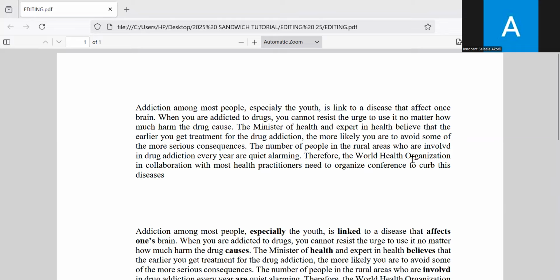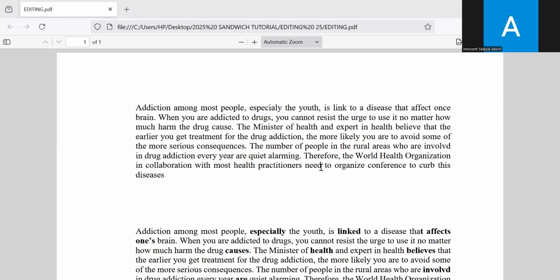Therefore, the World Health Organization, in collaboration with most health practitioners, need to organize. Here, we talk about expressions such as in collaboration with, in conjunction with, together with. Be careful. It could be that the antecedent is singular. So therefore, the World Health Organization, in collaboration with most health practitioners, needs, not need.